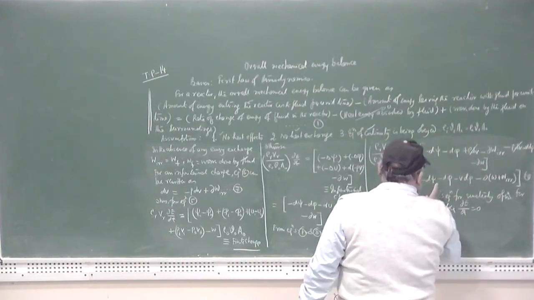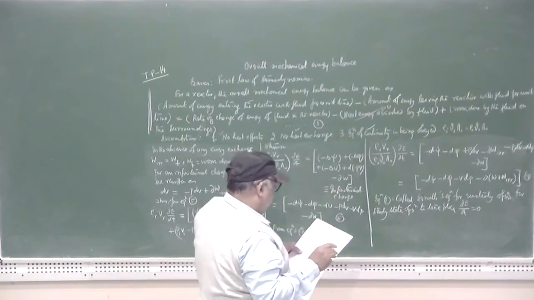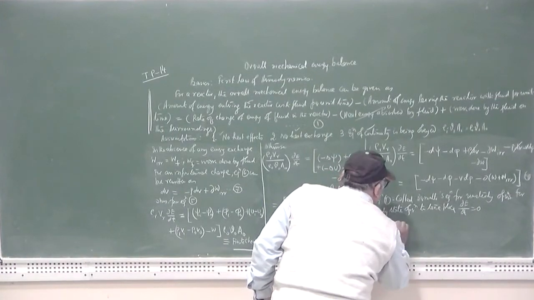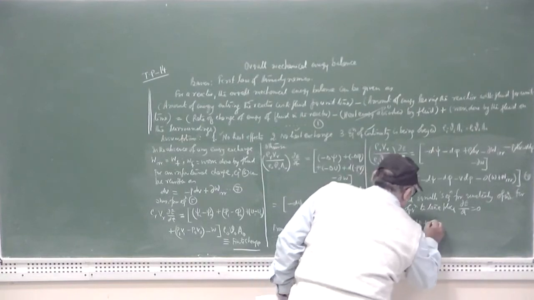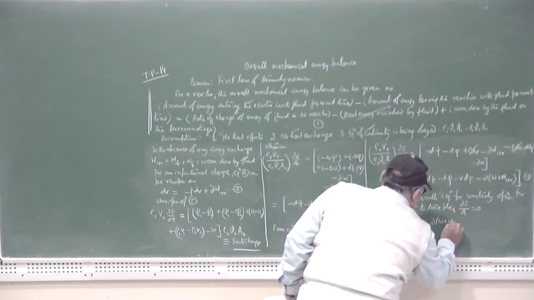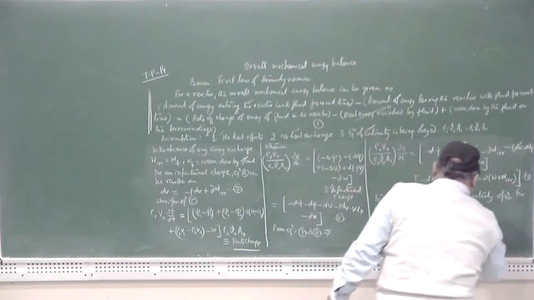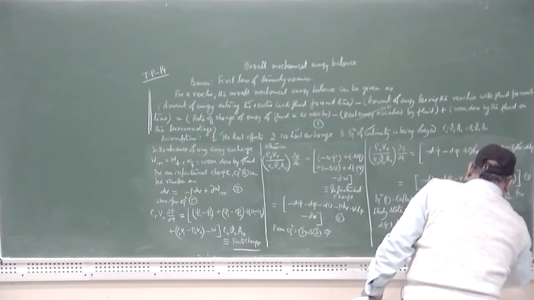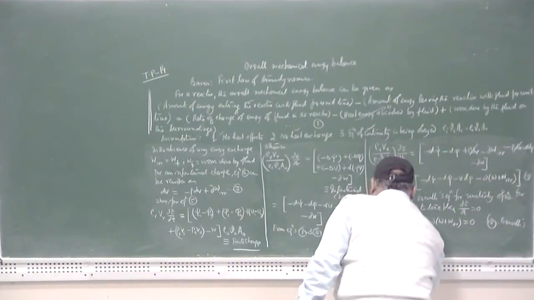So, the Bernoulli equation for the steady state operation can be given as d psi plus d phi plus VdP plus delta W plus W irreversible, that should be equal to 0. This equation number 10 is Bernoulli's equation for steady state flow.